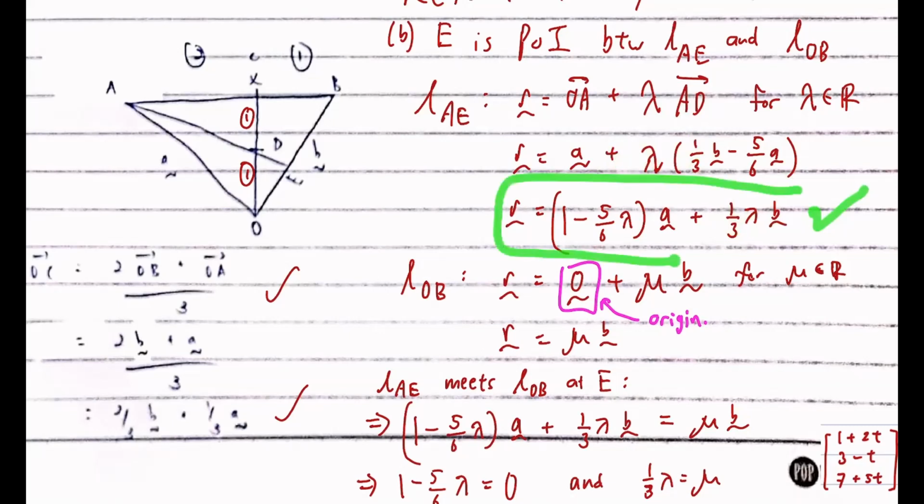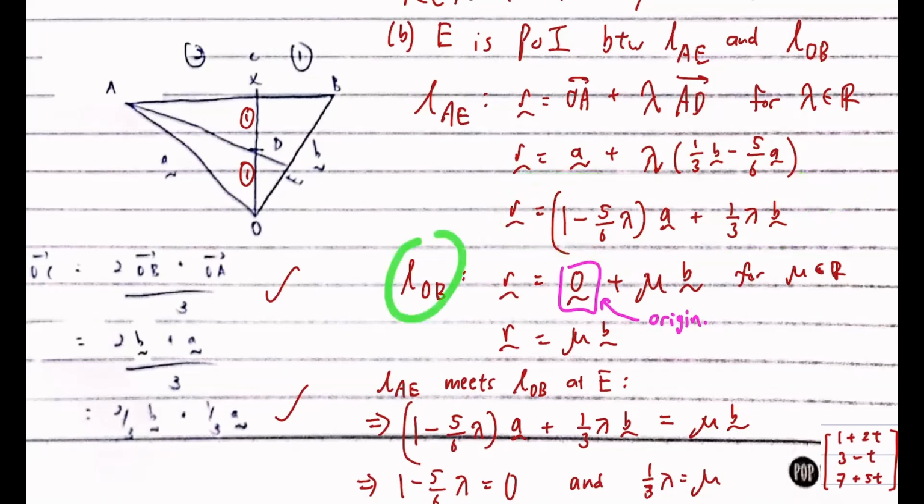So that's how I get the vector equation of line AE. This guy here. Are we clear on that? Good. Then how about line OB? It will again be vector r equals a point on the line plus some scalar times a direction vector. Take note that for the scalar, you have to use a different letter. Just now I used lambda, now I use mu.